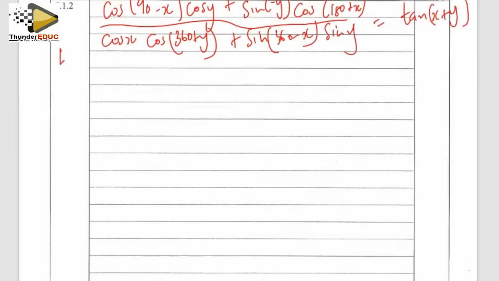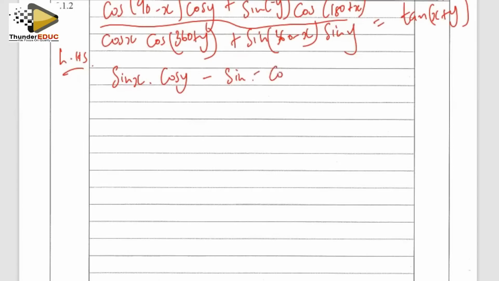All right, let me start from the left-hand side, okay? Left-hand side. So 90 minus will give me sine of x using the reductions because it's a compound angle. Then that's cos y, we can't do anything about that. Then the sine of a negative angle will be negative sine. Cos of 180 plus, this is quadrant 3, where cos is negative, okay?